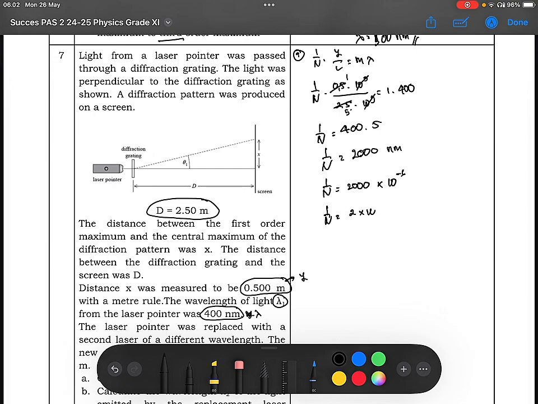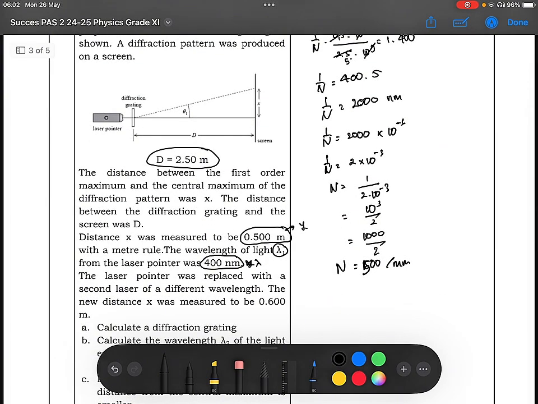The N is 1 per 2 times 10 to the 3, so 10 to the 3 per 2, 1000 per 2. So the N is 500 per millimeter.